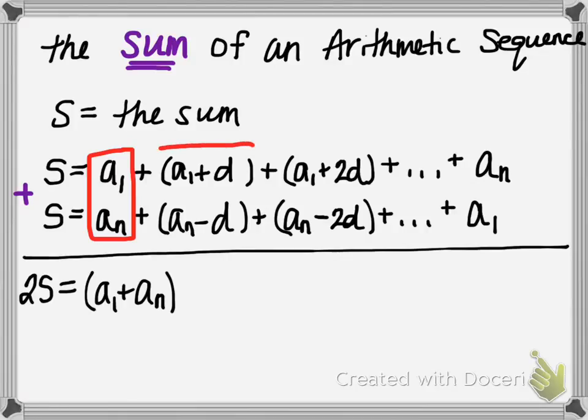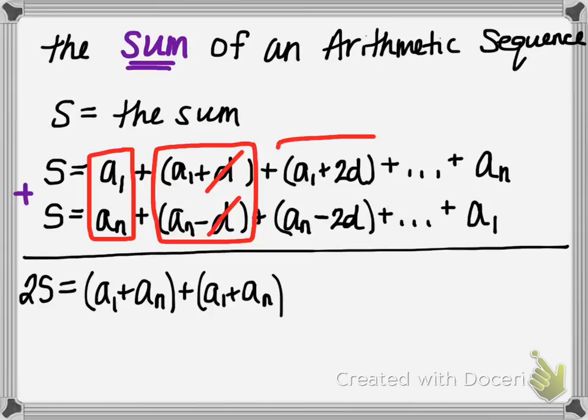Moving on, let's add the next two values. A sub 1 plus d plus a sub n minus d. And you'll notice that the d's are going to subtract out. So we have another quantity a sub 1 plus a sub n. When we add the next two groups, a sub 1 plus 2d plus a sub n minus 2d, we see the 2d's subtract out.